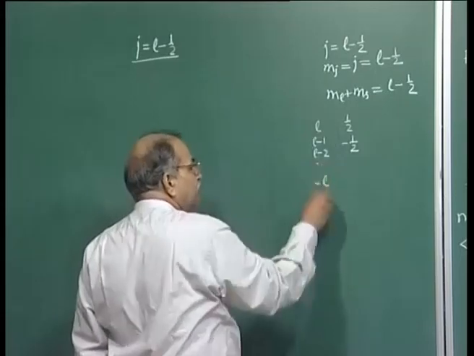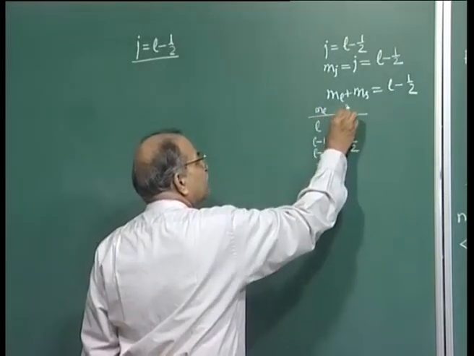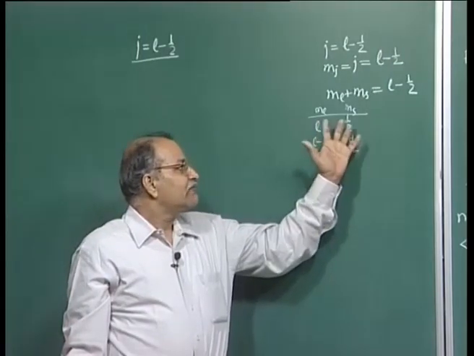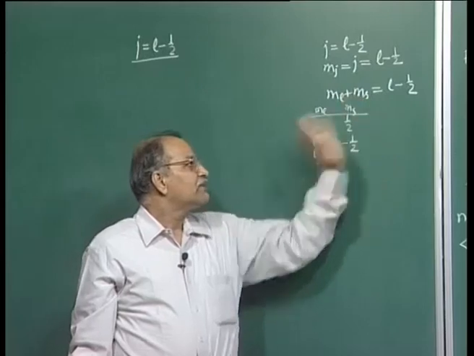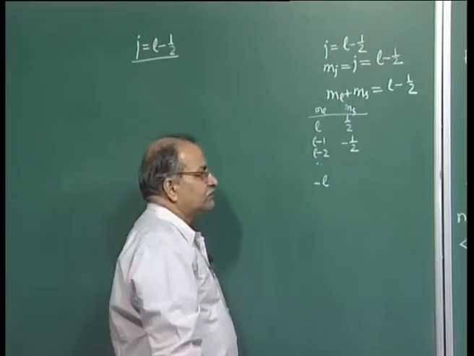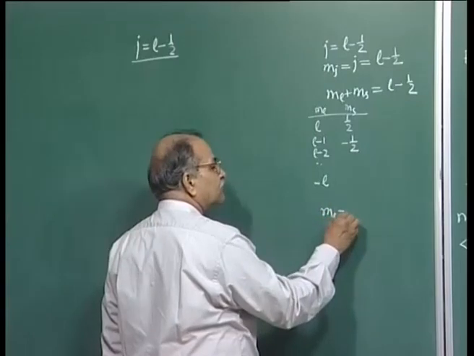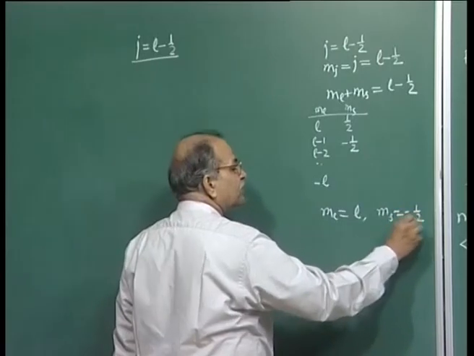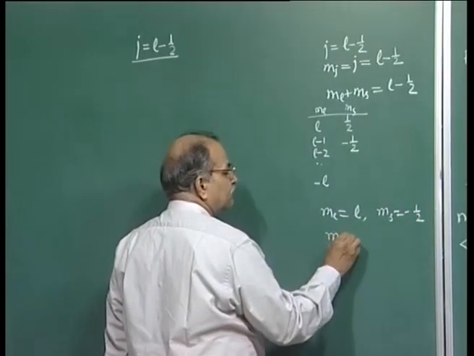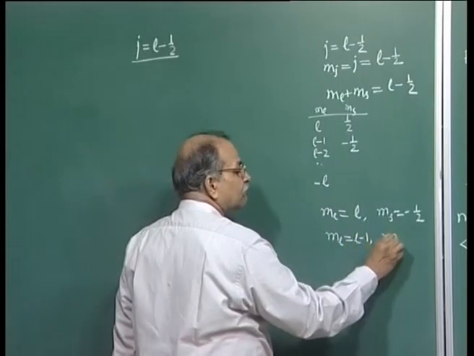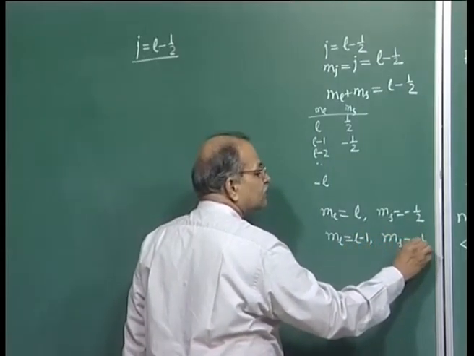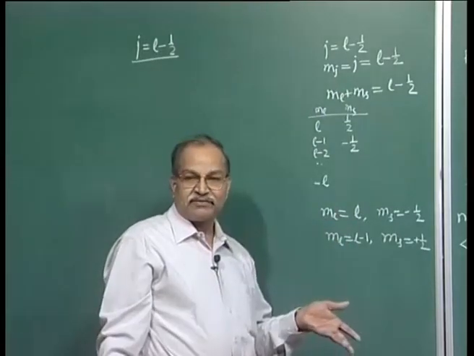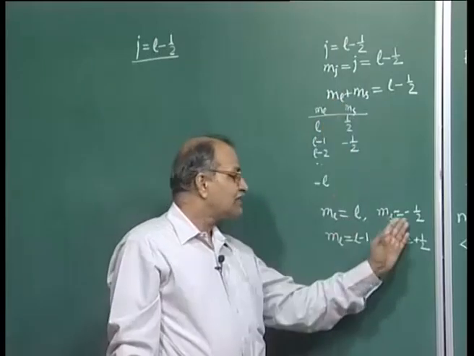What should I take for ml and what should I take for ms, so that ml plus ms is L minus half? ml is L and ms is minus half. Any other set possible? ml is equal to L minus 1, ms is equal to plus half. So, there are two possibilities, and since ml and ms are not definite, only mj is definite, both the states will be mixed up.